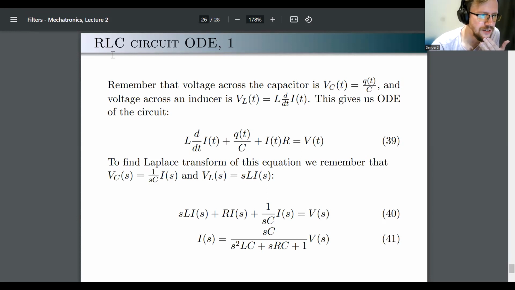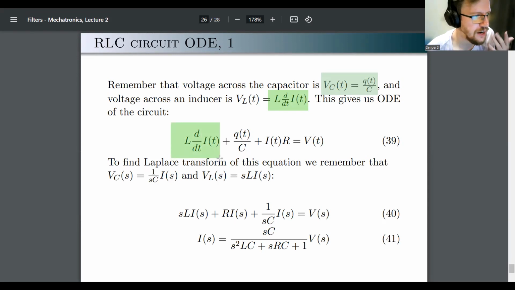Now, for that we need the equations of the capacitor and the equations of the inductor. The equation of the inductor gives us this part of the Kirchhoff law, right?